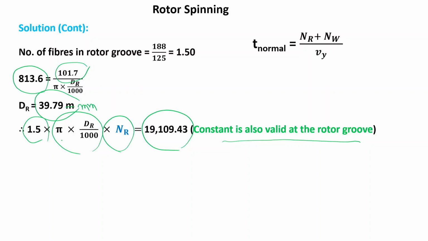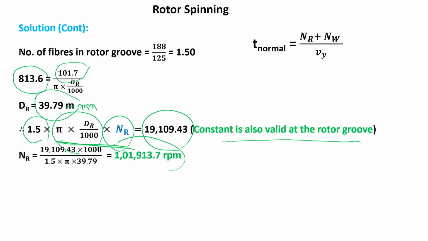So, that will be the circumference speed of rotor groove multiplied by number of fibers in the rotor groove, that will be constant for the rotor groove also. So, from this equation we can calculate the NR, that means rotor RPM, it will be 101,913 approximately. Okay. So, that is the rotor RPM.